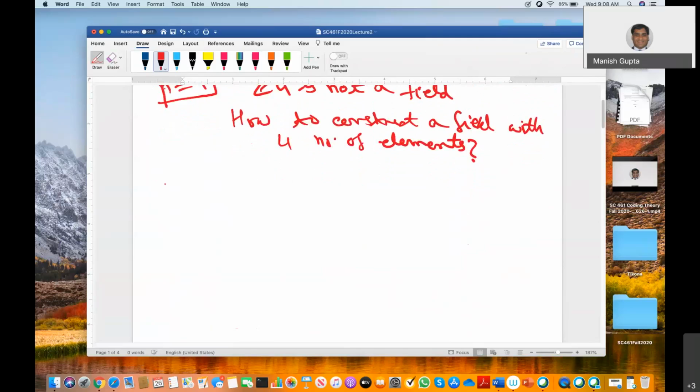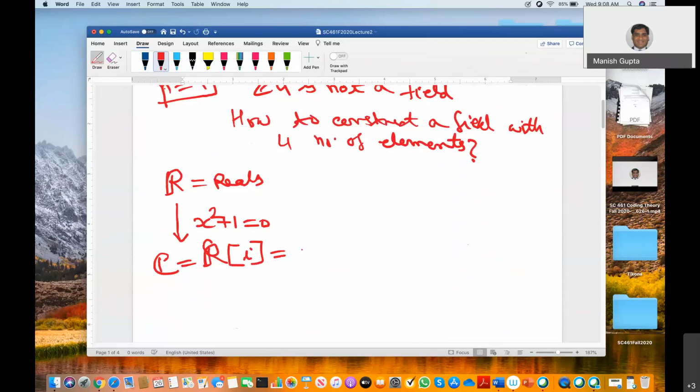First, I will show you how we constructed complex numbers from reals. You see, we have the field of real numbers, right? And what we did, we looked at the equation x square plus 1 is equal to 0, which has no root on the reals, and we constructed the field of complex numbers by taking a root here. i is the root of this equation, the imaginary number, and we attach it, so C is nothing but R attached with i.